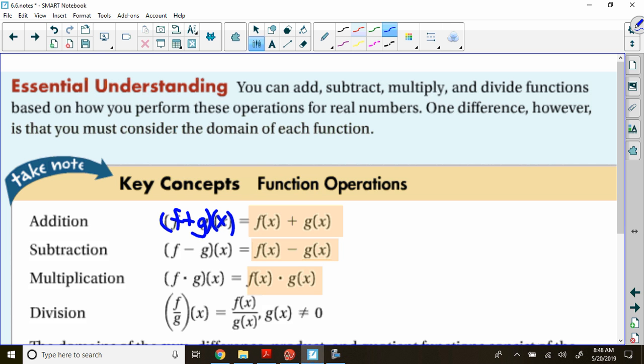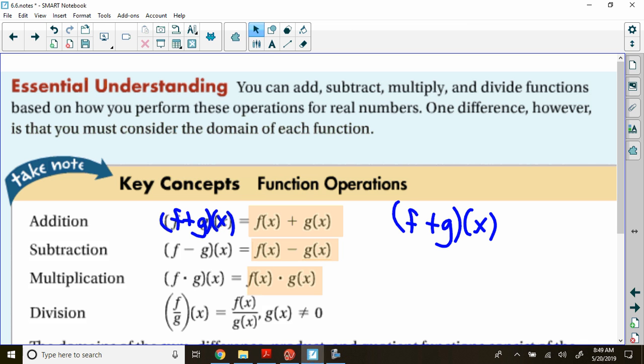So when I give you tonight's homework, if you're confused by the notation, some textbooks will say f plus g of x. Just know that means the same thing as f of x plus g of x. Same thing with subtracting, multiplying, and even dividing.